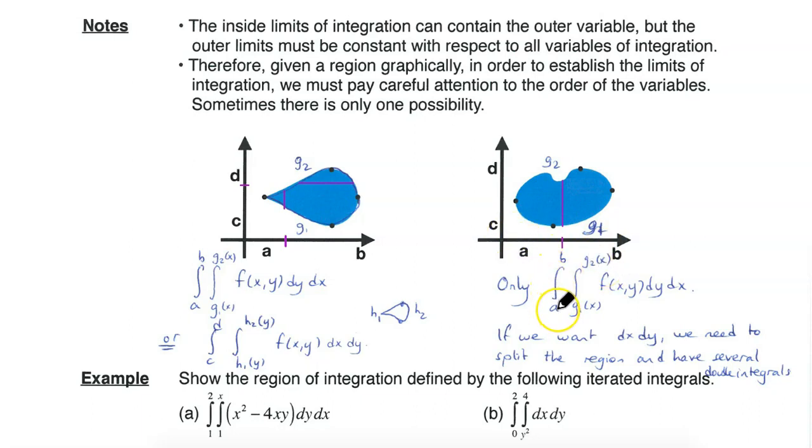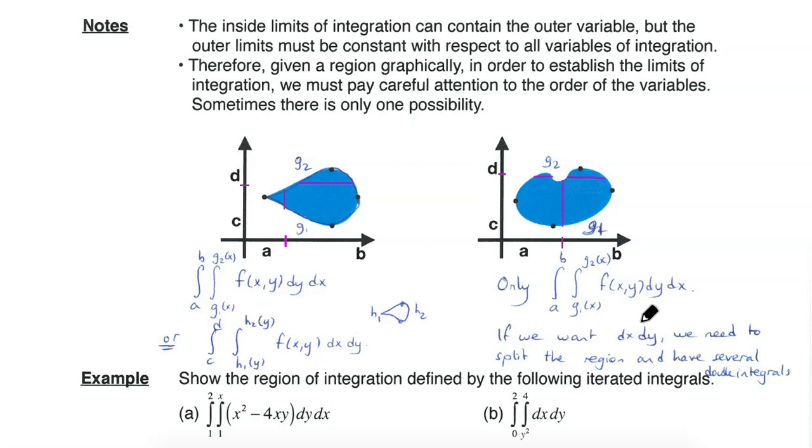If we try to write an integral similar to this one here, where the outer integral is in terms of y and we integrate from c to d, and then pick a certain value, you see how we would really be in trouble here and there. It would not allow us to write a single double integral and describe the region.